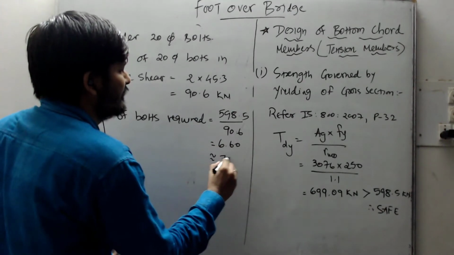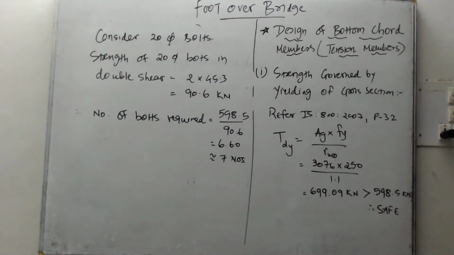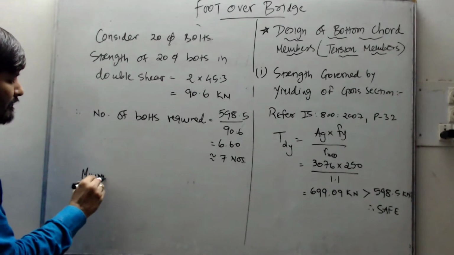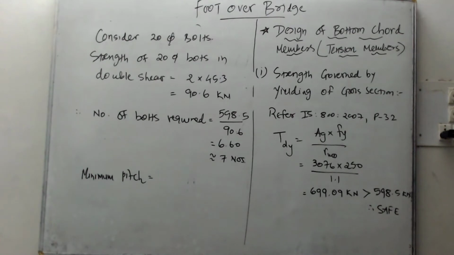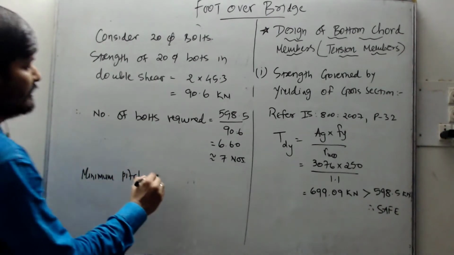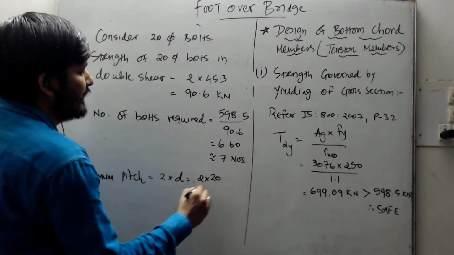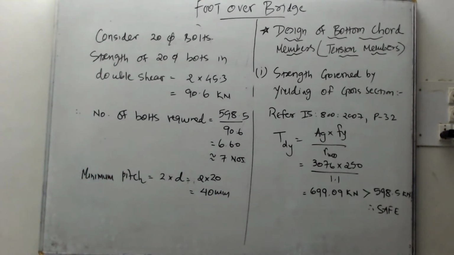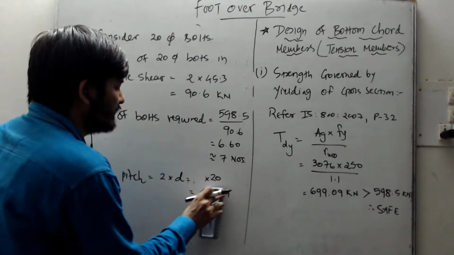So 7 bolts are required if you are using 20 mm diameter bolts, and the minimum pitch distance between these two bolts is provided as 2 times the diameter of bolt, that is 2 multiplied by D, so 2 multiplied by 20, which is 40 mm. Minimum pitch, sorry, it is 2.5 into D, so it comes out to be 50 mm.